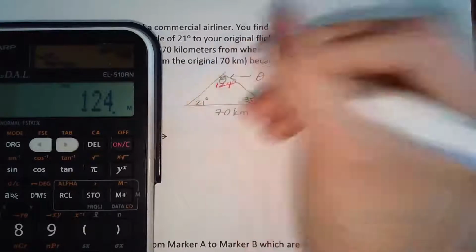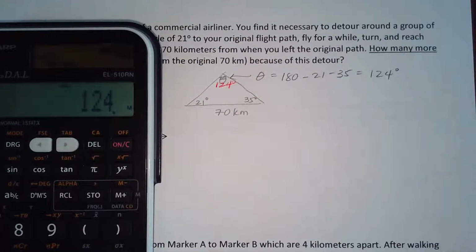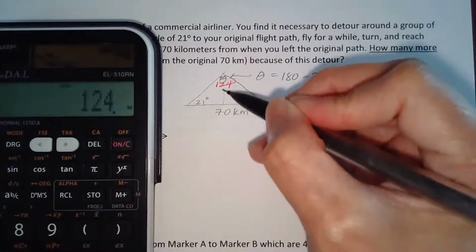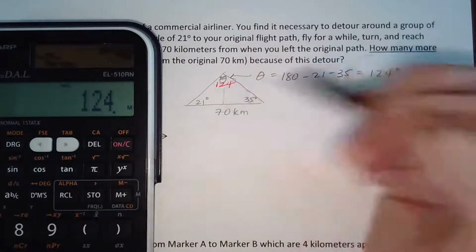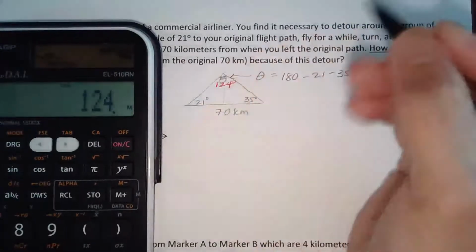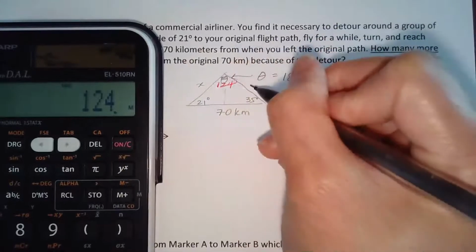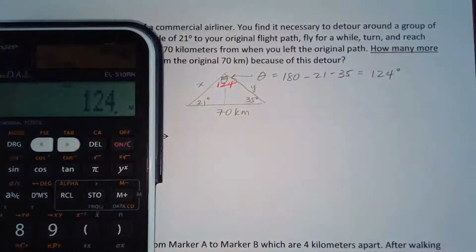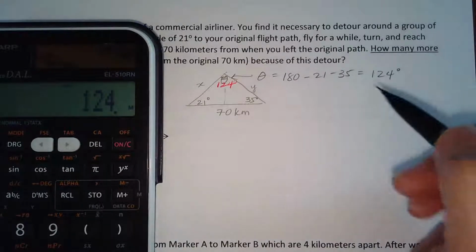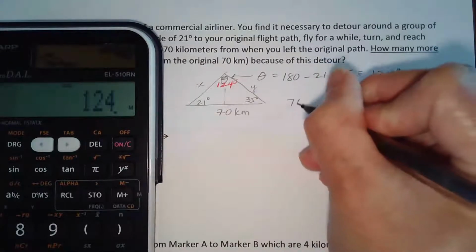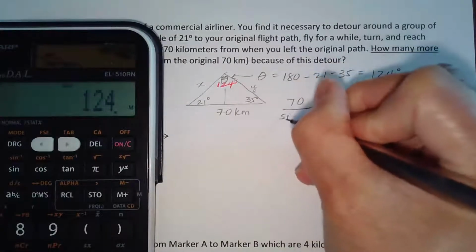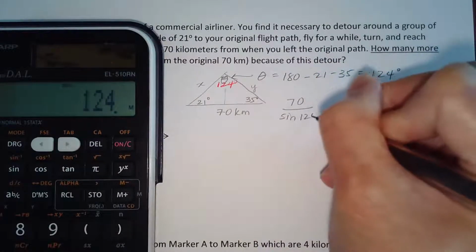Now that I have that 124 degrees, I have a complete pairing of angle and side, so we can figure that out. I can call this X, I can call this Y. It doesn't matter, you can call it A or B. So 70 over sine of 124.